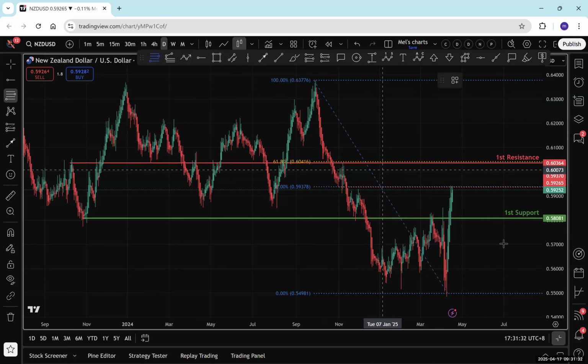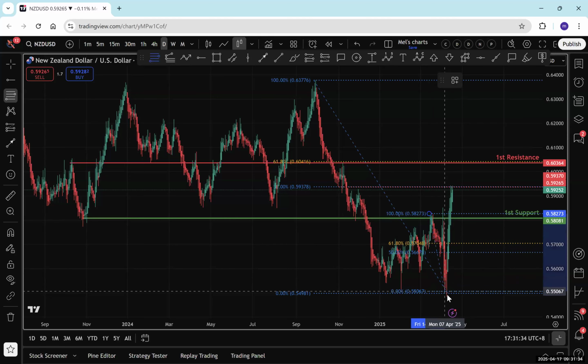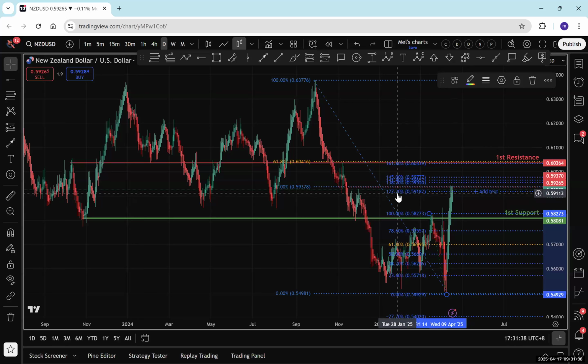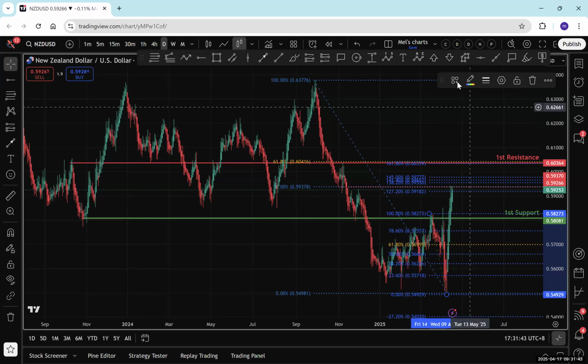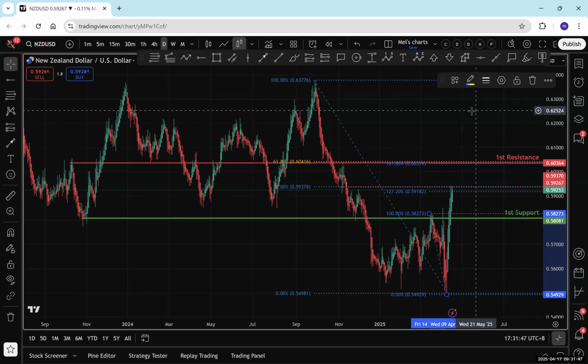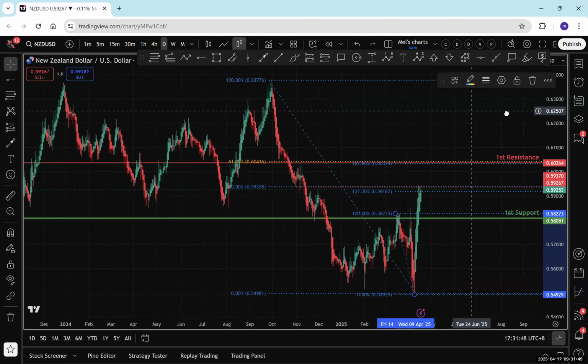And then if you zoom in, you can also see that Nike takes shape. So I'm going in with an extension now. So my 127 lines up with the intermediate resistance, and the 161 lines up with the first resistance.